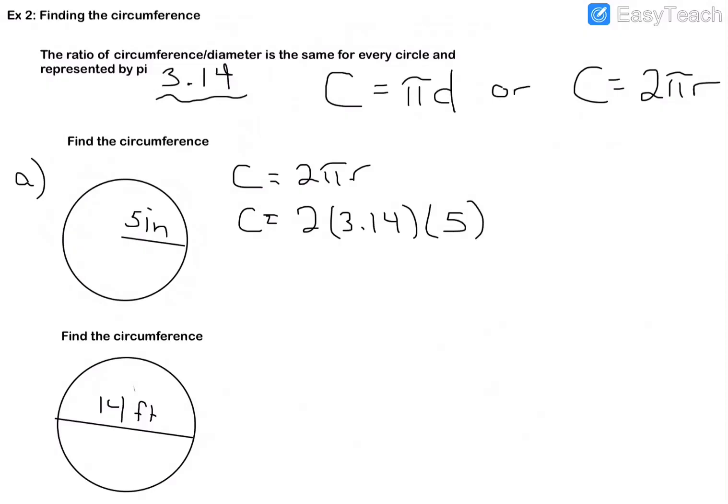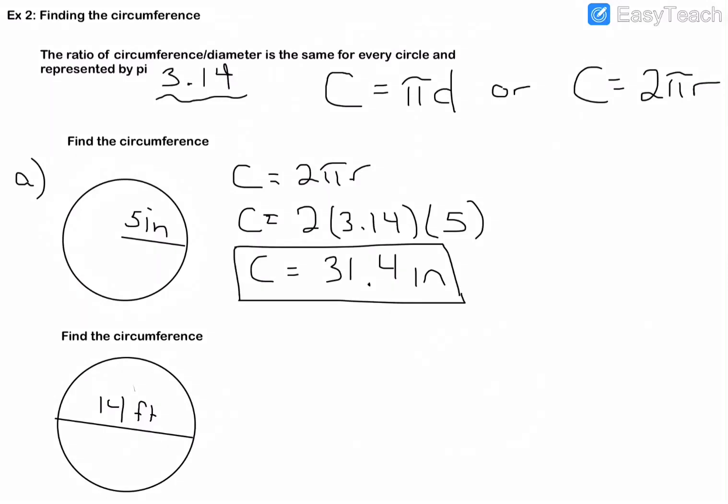I'm going to put that in my calculator, 2 times 3.14 times 5, and I get my circumference equals 31.4 inches. So you're just putting in the numbers that you already have.